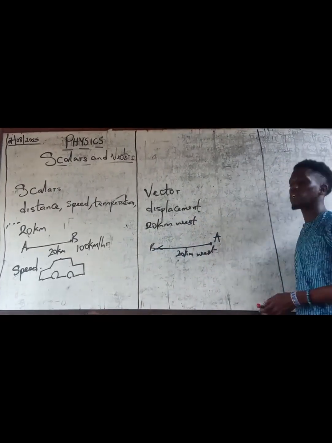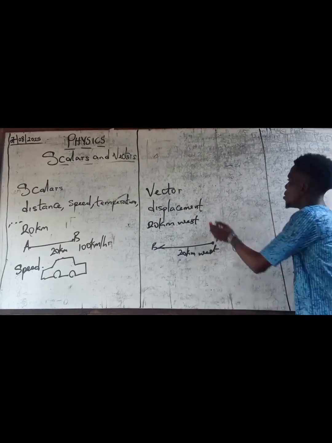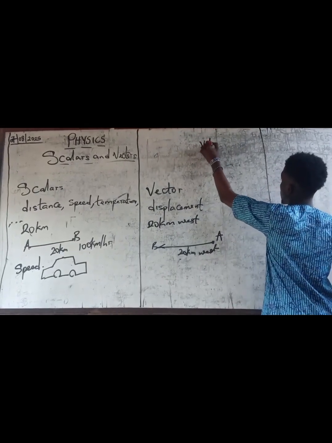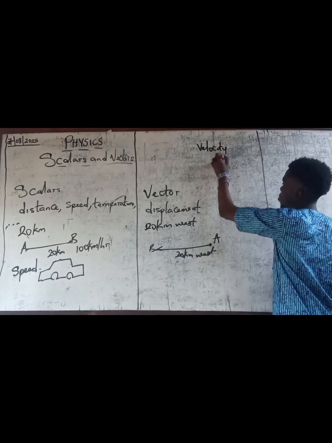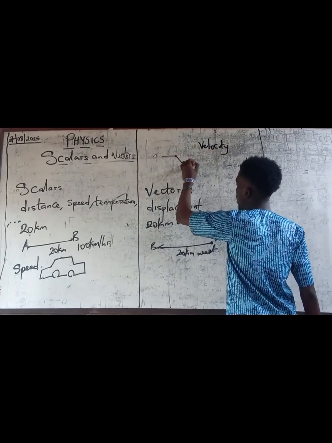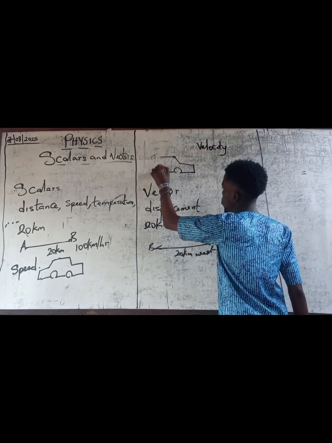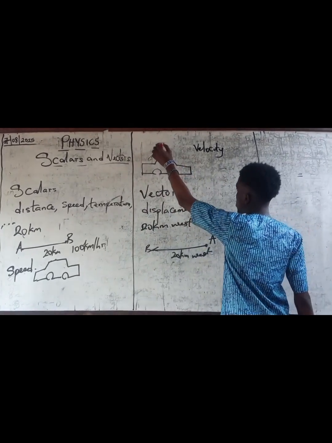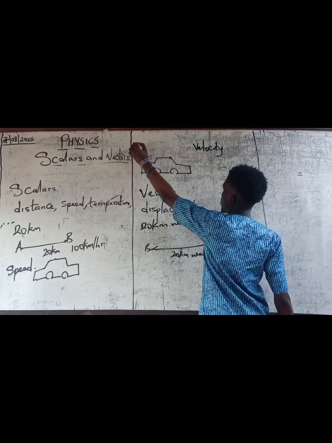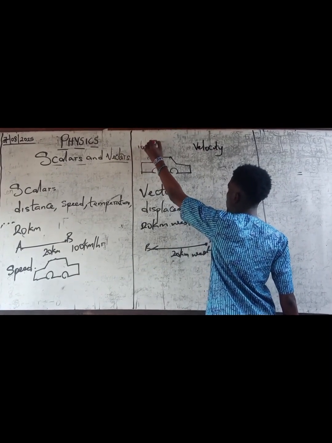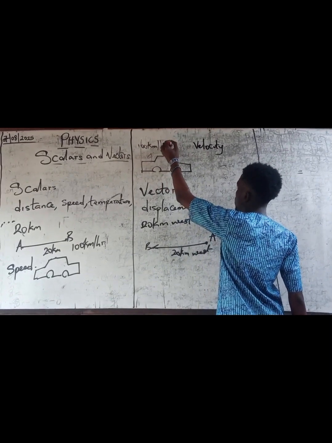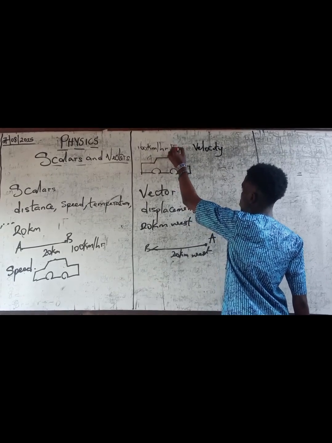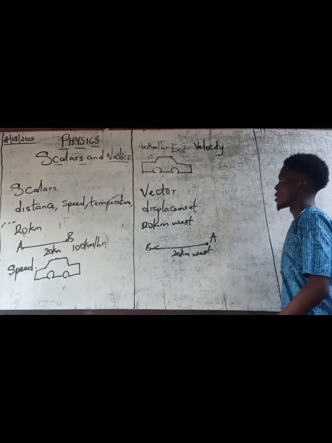Now, an example of a vector quantity will be velocity. I can as well say that a car moves at a velocity of 100 kilometers per hour eastward, or 100 kilometers per hour east.